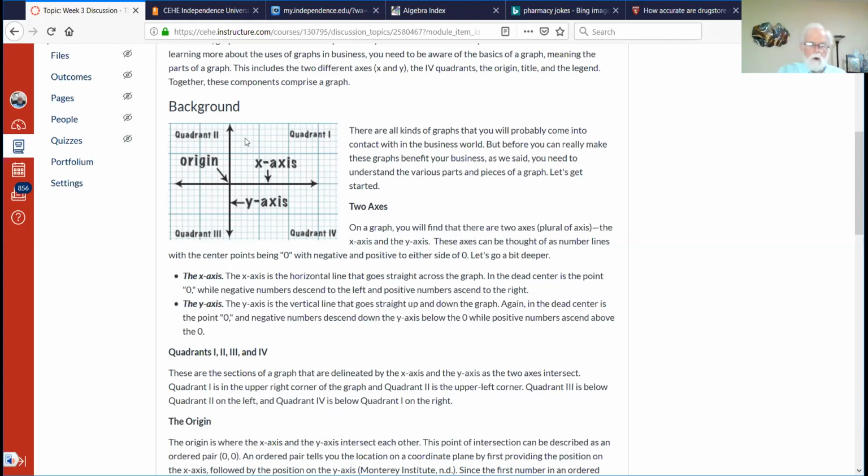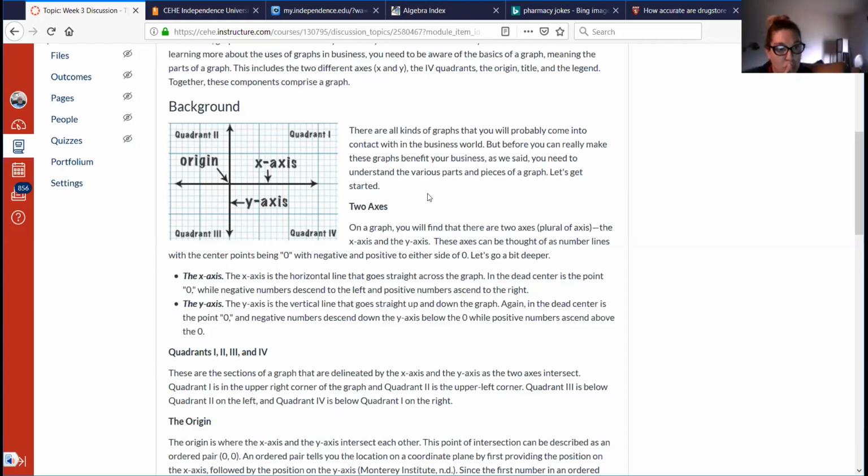If you had a point that was minus 2, minus 5, you'd count over 2 to the left of the Y-axis for the X value and down 5 for the Y value. That would place it right here. Okay, simple.